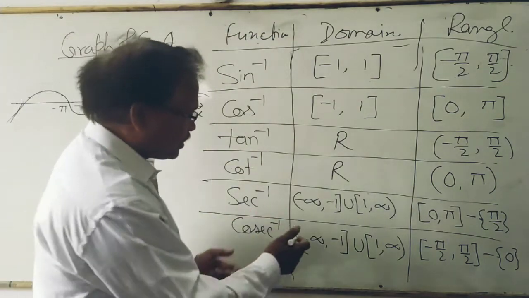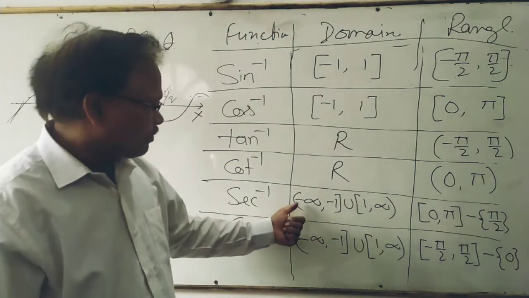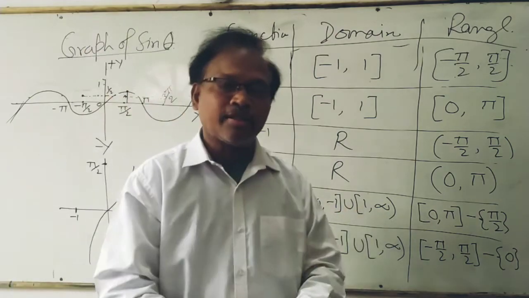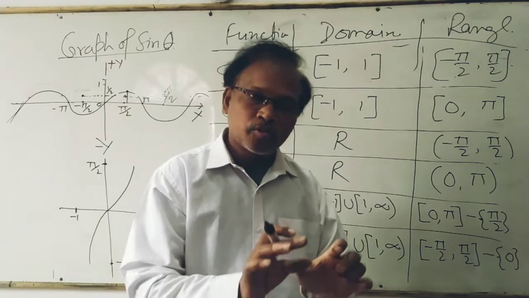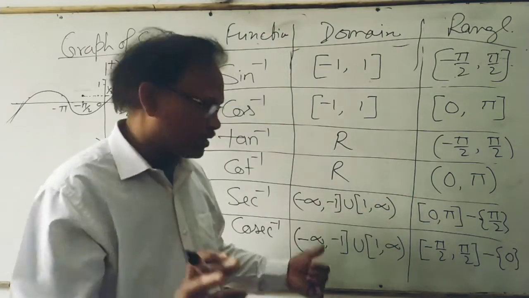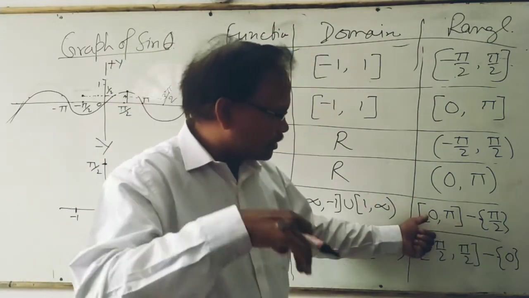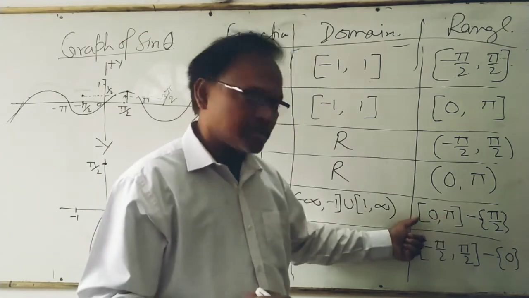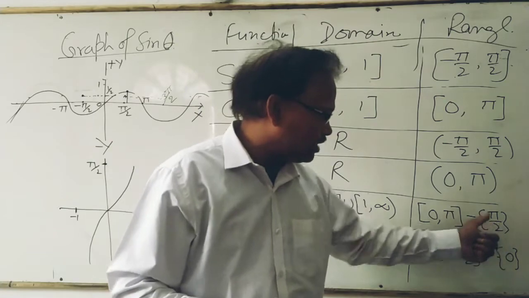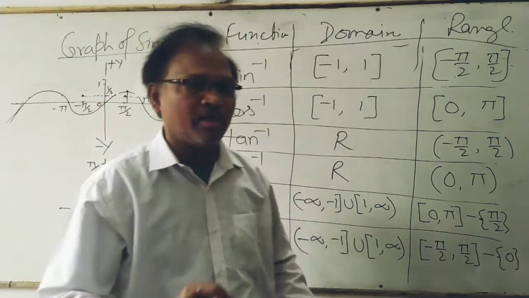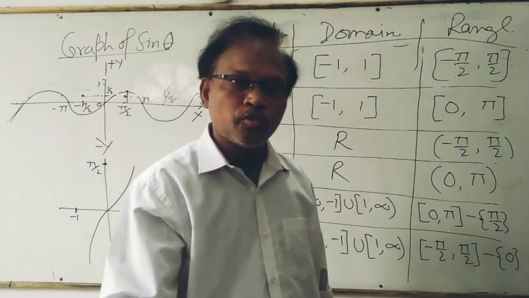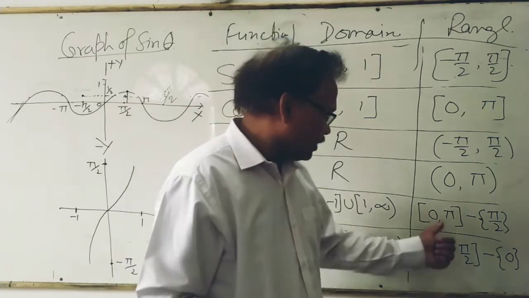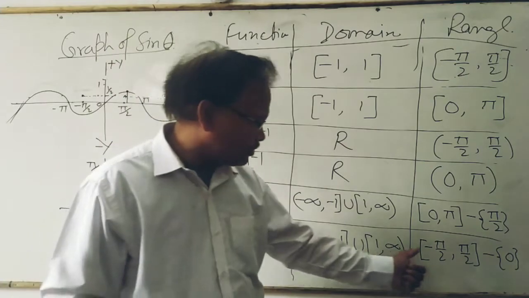Sec inverse the domain is minus infinity to -1 union 1 to infinity, यानी we cannot take between -1 to 1, उसको हटा करके बाकी सब डोमेन ले सकते हैं. And the range is 0 to pi, excluding pi by 2, because sec pi by 2 is infinity, not defined as you know. इसी तरह से कोसेक इनवर्स में भी सेम है.